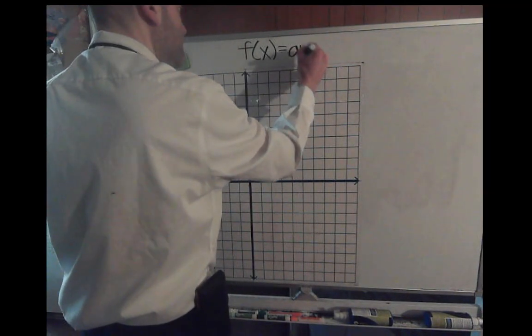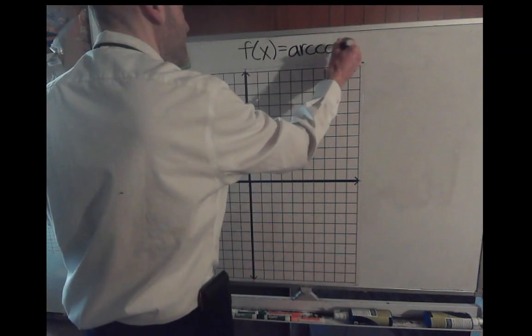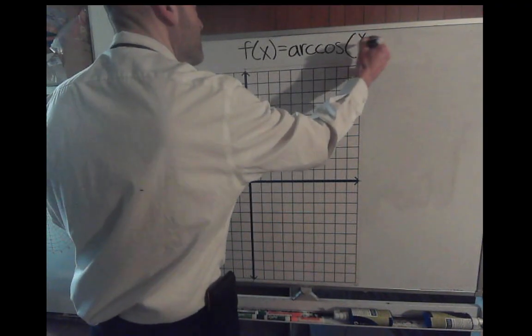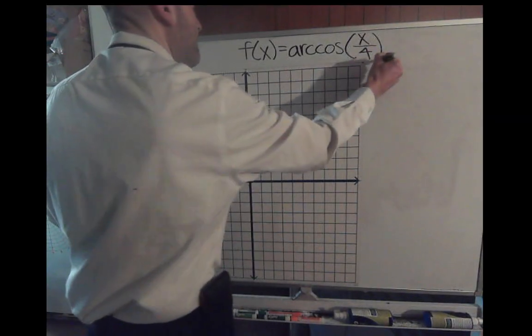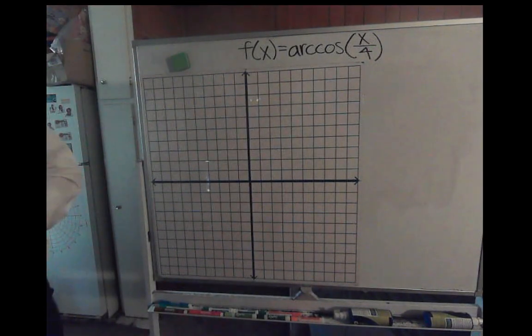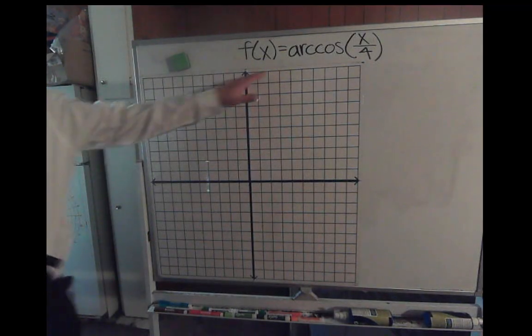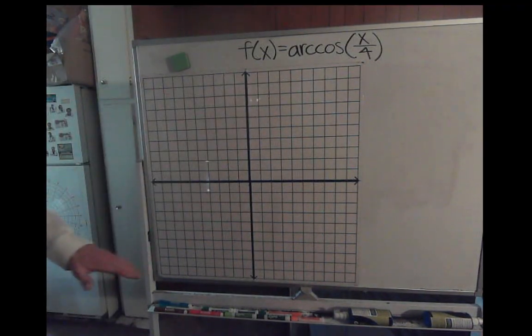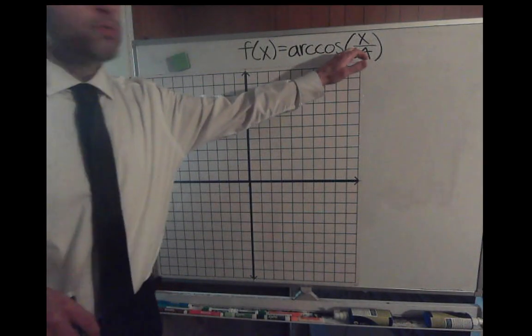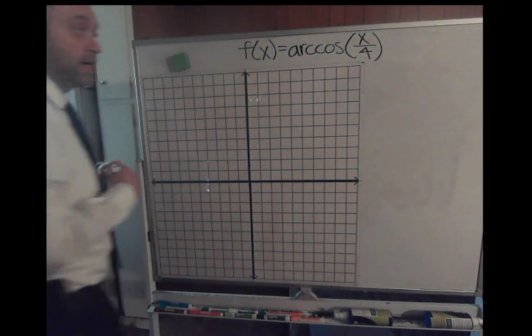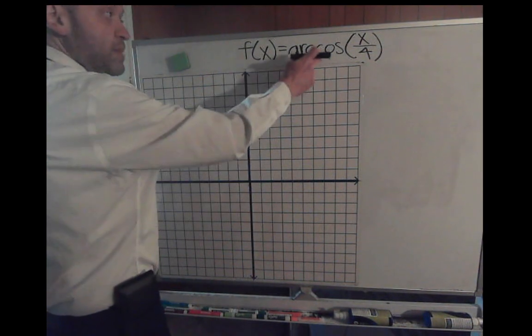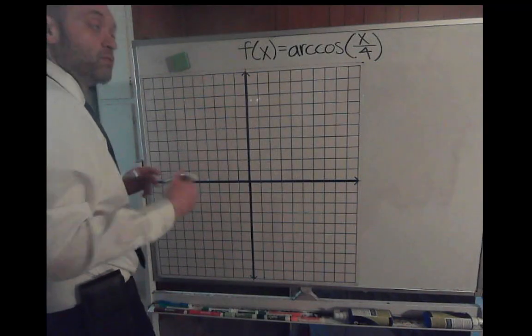f of x equals the arc cosine of x over 4. So I have a change in my input, which is going to affect the domain. Your normal domain of the arc cosine is -1 to 1.